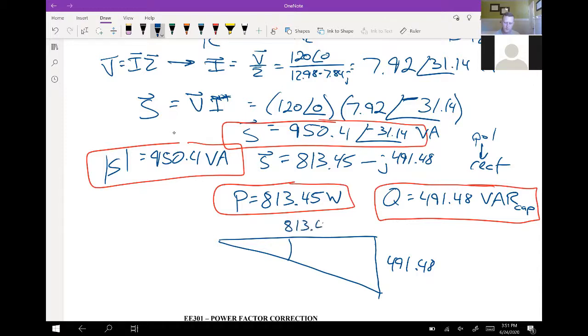Here's 813.45 watts. S is 950.4 VA. VAR Q, and this angle is 31.14 degrees. So that would be another way of saying this is capacitive because the triangle is going down like that.